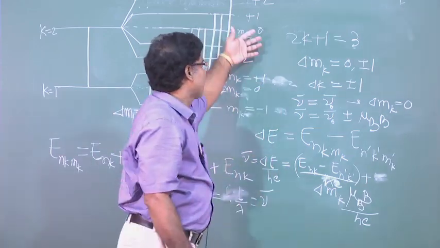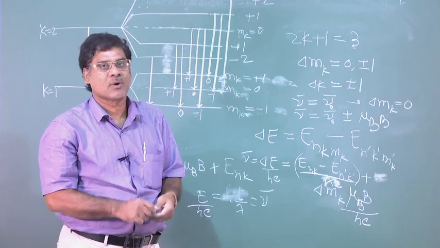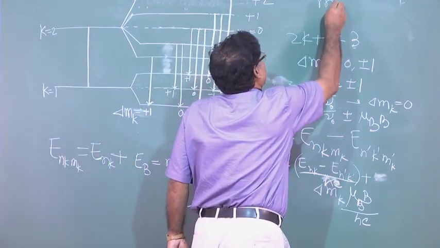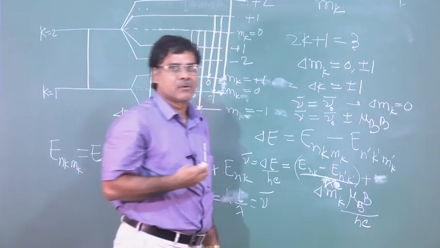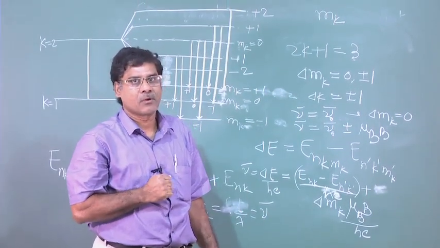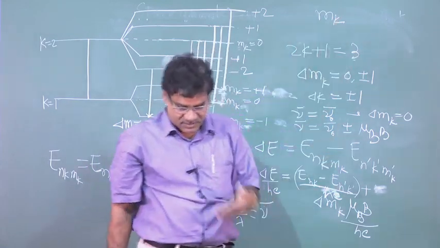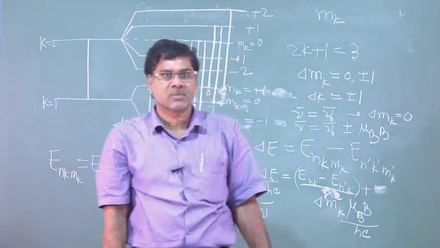So, now by introducing the space quantization, we are able to explain the normal Zeeman effect. In that sense it is very successful.